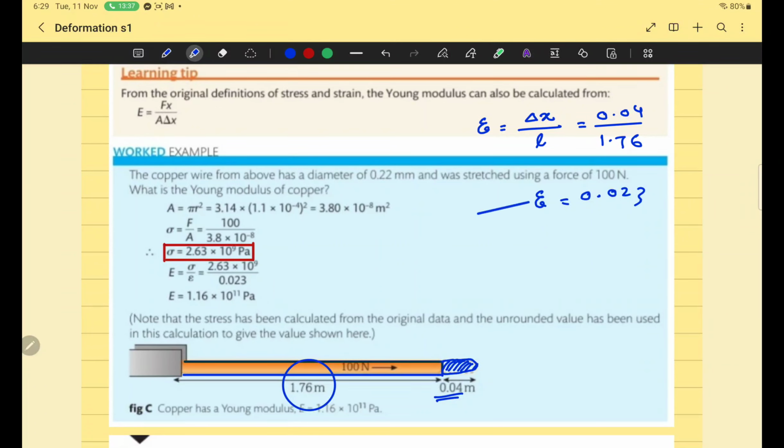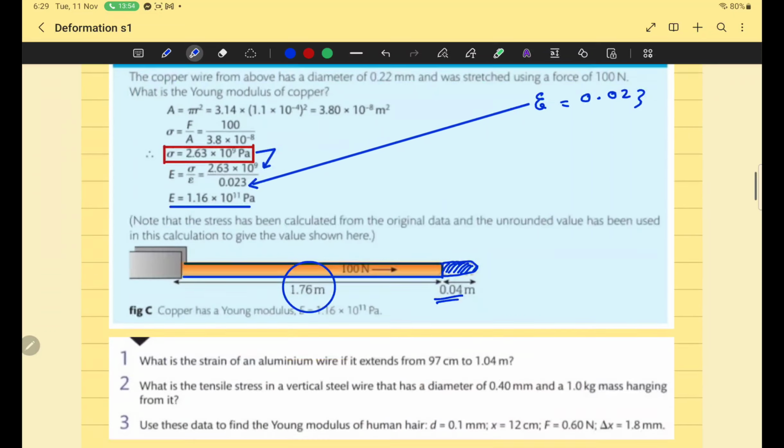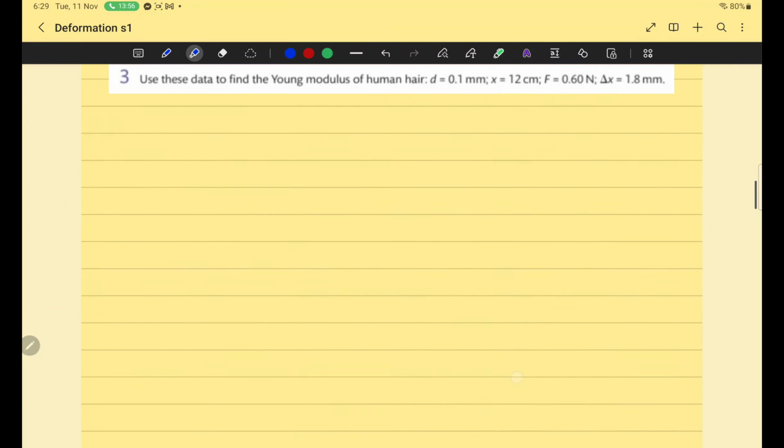Now you have calculated strain, you have calculated stress, and their ratio will give you Young modulus. So we have done this question from your book. This is a very easy question. And now starting past paper questions.